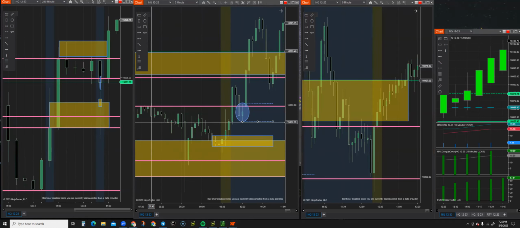So once that bridge is in, now let me ask you a question. Do we have to wait for that bar to close? Nope, he's going up. I'm gonna take a high probability guess.